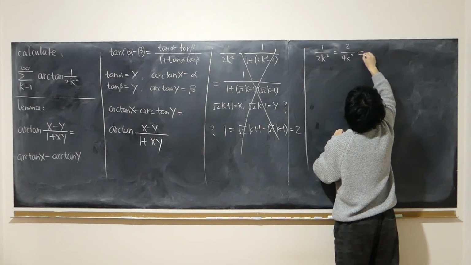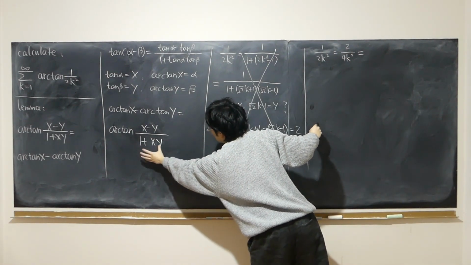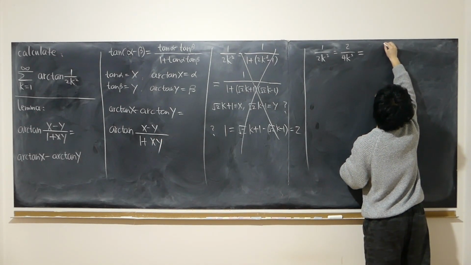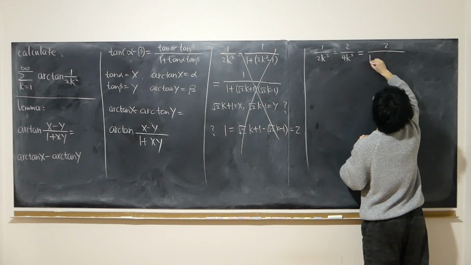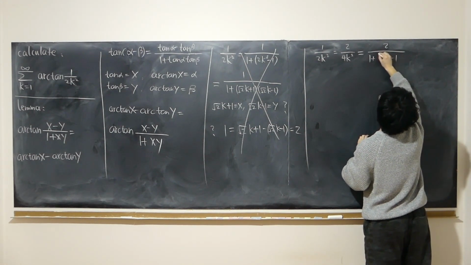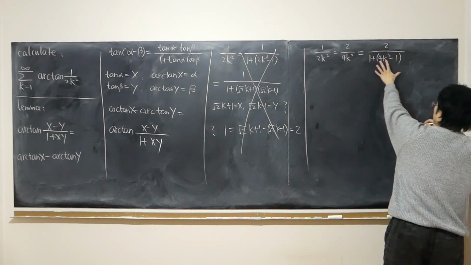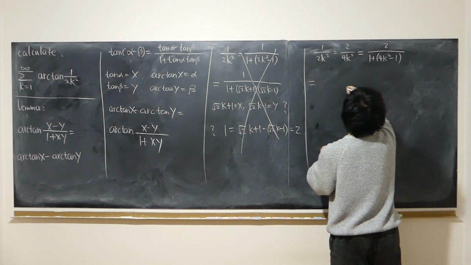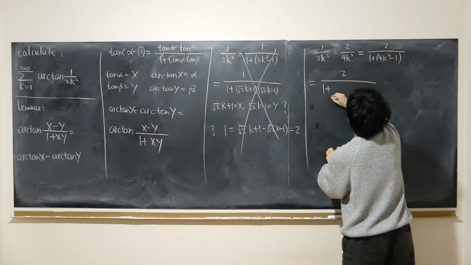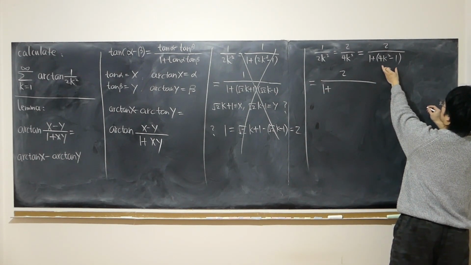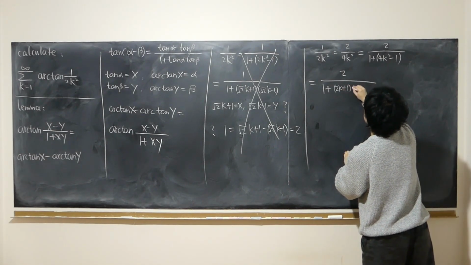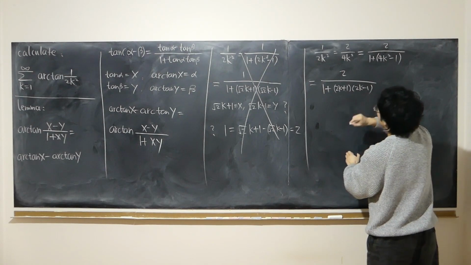Again, I want to make 1 plus xy appear on the bottom, so I rewrite it as 2 over 1 plus 4k squared minus 1. And further, that is equal to 2 over 1 plus, again a difference of perfect squares, 2k plus 1 times 2k minus 1.